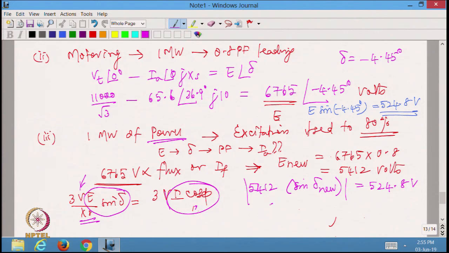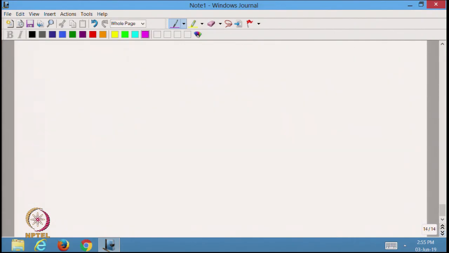So, delta new happens to be now minus 5.56 degrees. From here you should be able to solve for this, right.